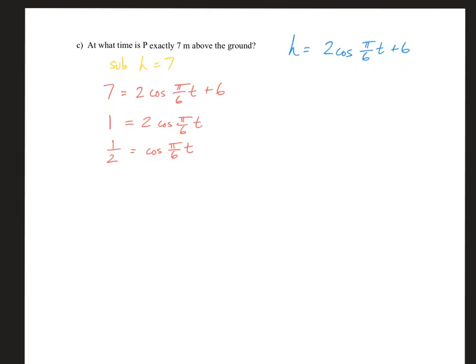Now, we get to that point, and you now have a cos equals 1/2. Let's keep in mind that, yes, the inside of that cos is really ugly right now, but who cares? Pi by 6t is really just like a variable. It's like a theta. And so the equation actually could be just like this. So let's not get distracted by the fact that we have something a little bit uglier inside of our ratio. Instead we say, okay, my cos is positive, and therefore I know that I could be to the right.